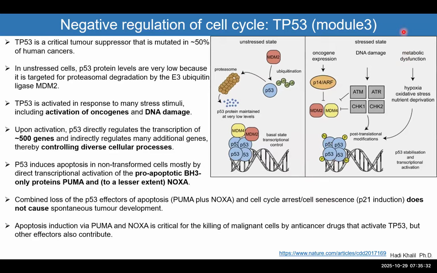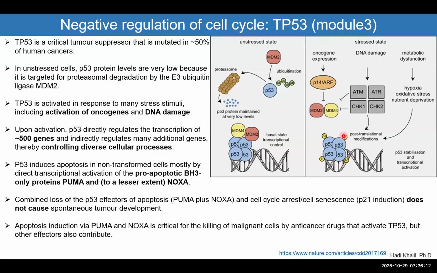Now, in conditions where there's a stress state or damage in the DNA, a metabolic dysfunction, a hypoxic condition, an oxidative stress, a nutrient deprivation, all that we already have covered, or whether there is an oncogene expression, which means a virus has, for example, infected and caused an induction of an oncogene, all that will cause the phosphorylation events of the P53, which now becomes more stable.